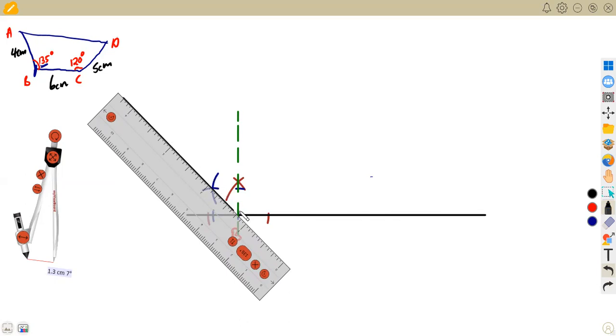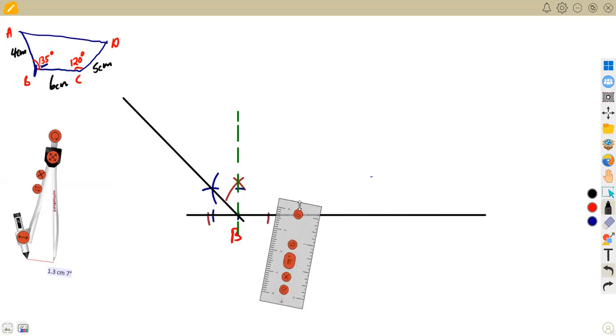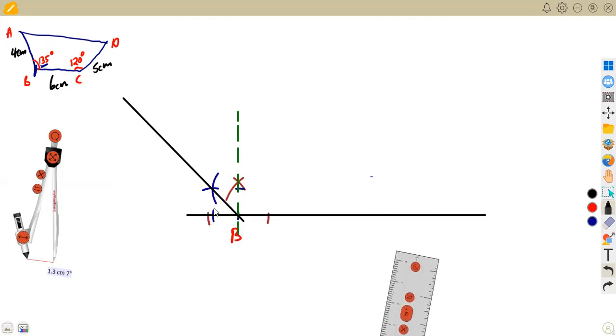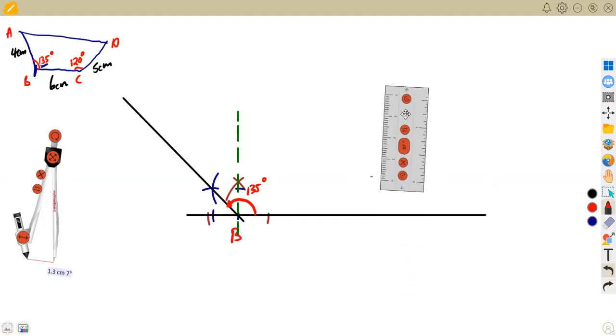So this angle is 135 degrees, as we have taken this angle from this 45 degrees. We are concentrating on the one that is remaining inside of the shape, which is the 135 degrees. All right, so that's it. We have got our B.